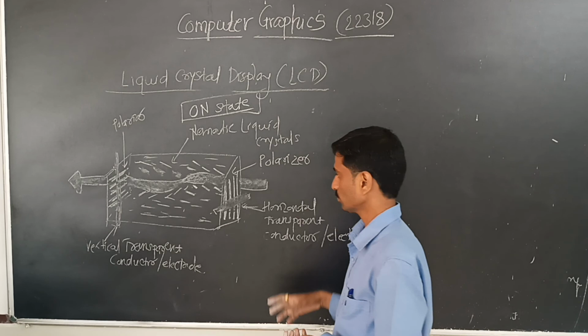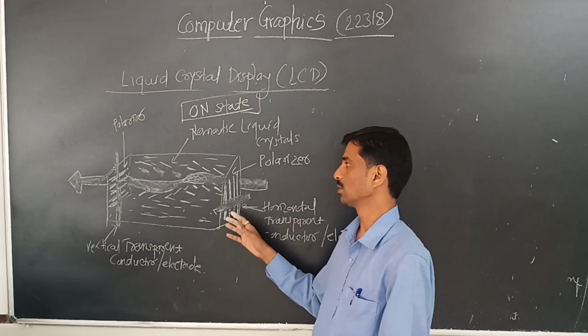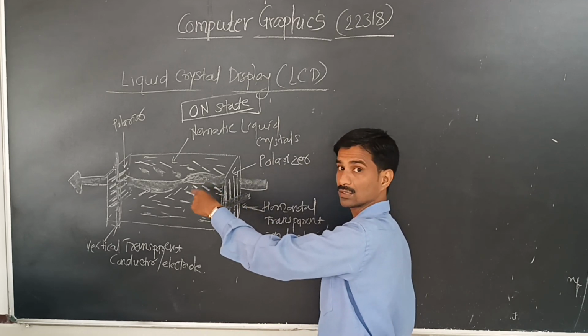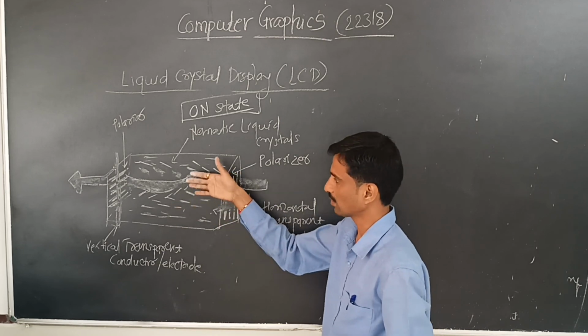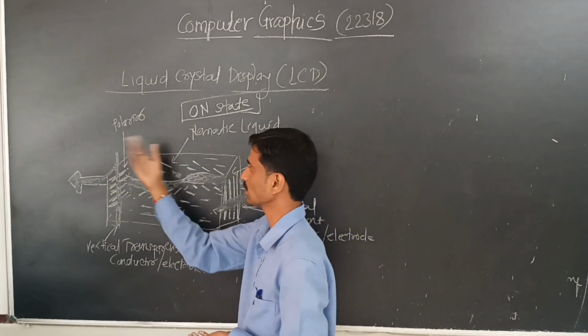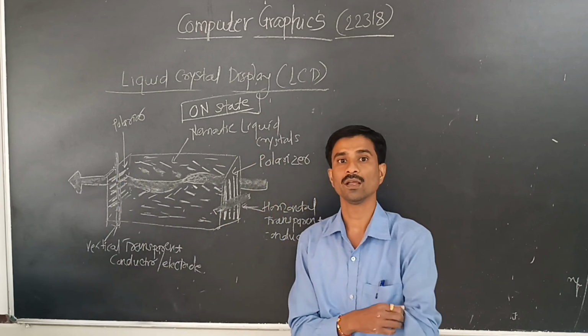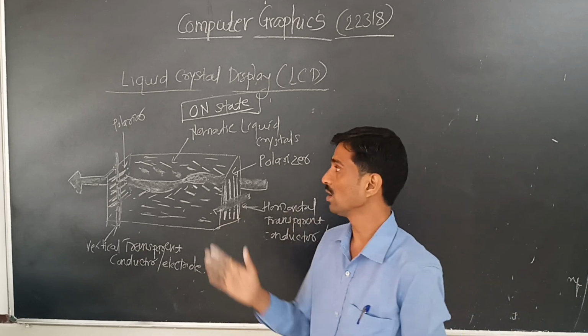So when we apply the voltage on these electrodes, the movement of nematic liquid crystals starts, they change the direction of that light, and the light easily passes from one polarizing filter to the other, and hence we can obtain different images or graphics on the screen.